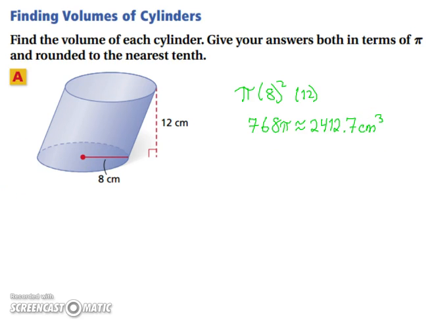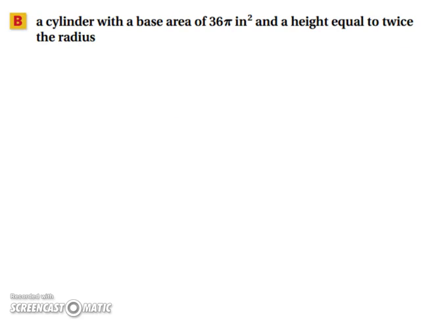Alright, well, let's try this next one. A cylinder with a base area of 36 pi inches squared and a height equal to twice whatever the radius is. Well, we need to first figure out what the radius is.